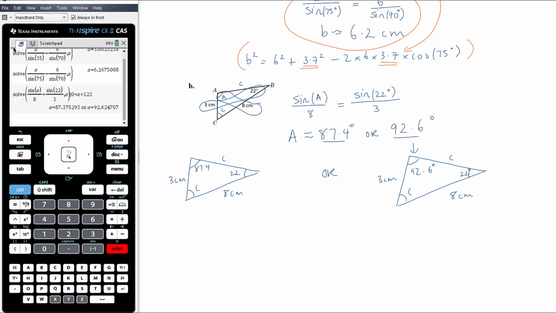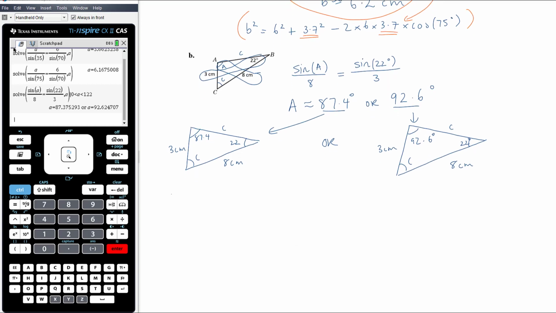Now we need to think about, if A is 87.4 degrees, what does that mean for side length C and angle C? We'll have one set of solutions. Or if A is 92.6 degrees, what does that mean for side length C and angle C? The angles are going to be the easiest thing to work out. Angle C is going to be 180 minus 22 minus 87.4. In my CAS, 180 minus 22 minus, now I'm going to be a bit more precise here, 87.375293.